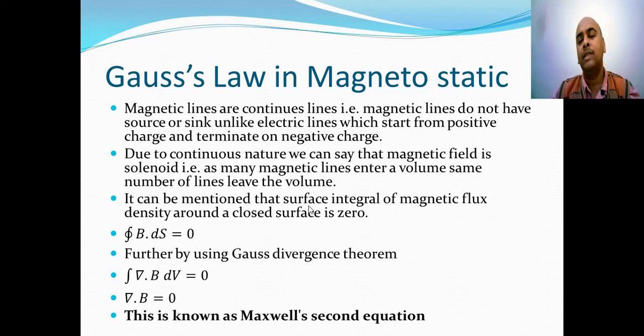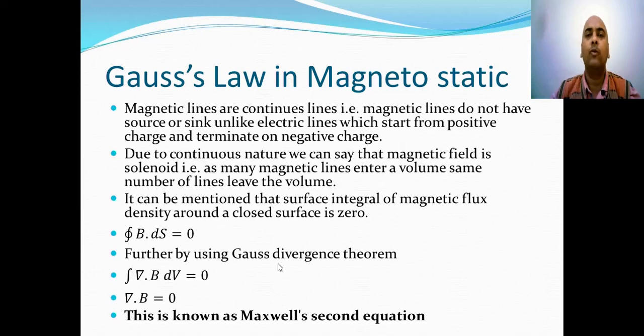So it can be mentioned that the surface integral of magnetic flux density B around a closed surface is always equal to 0. Mathematically, this statement can be written as the closed surface integral of magnetic flux density B over the surface S is equal to 0, and this equation is known as Maxwell's second equation in integral form.